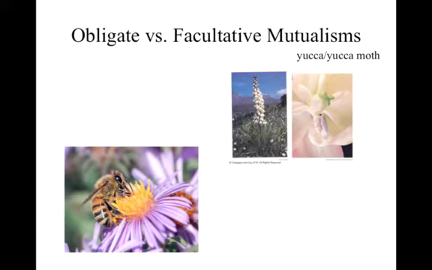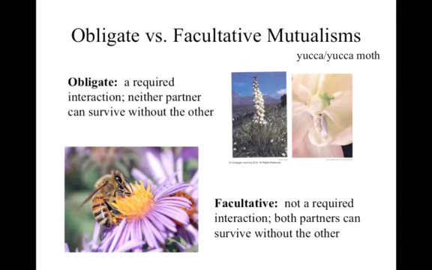All right. So another way we can divide classes of mutualisms is whether they're obligate versus facultative. So an obligate mutualism is a mutualism where both parties require the other for survival, right? And so way back in one of the early lectures, we learned about yucca and yucca moths. And we said that yucca is only found where the yucca moths exist, or where the yucca moths can tolerate the environment.